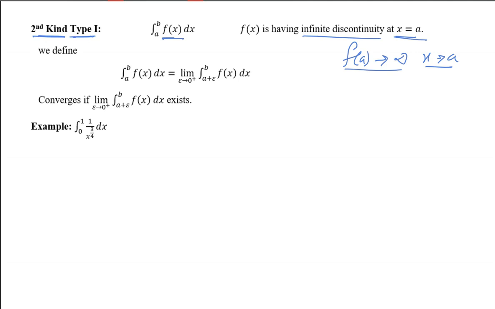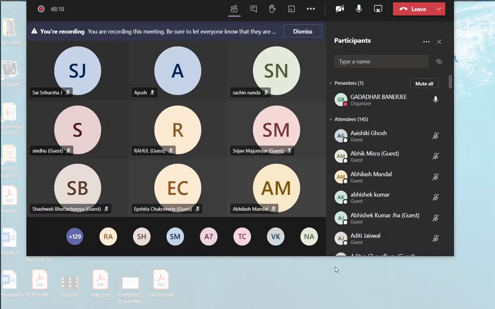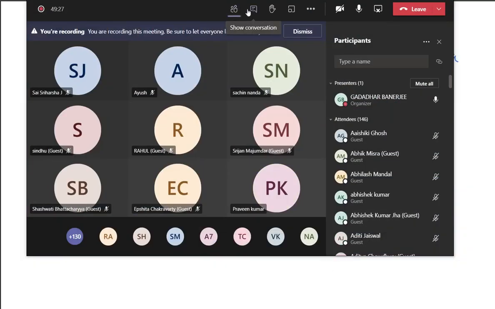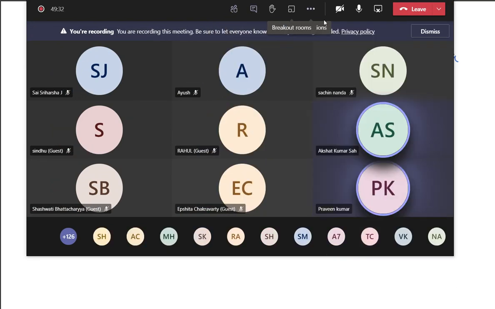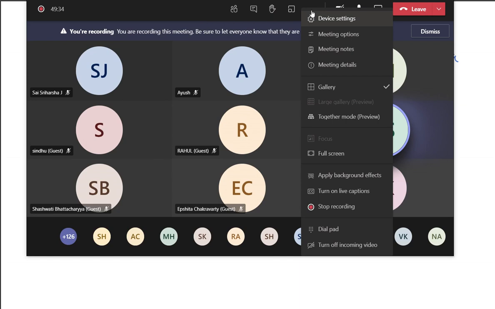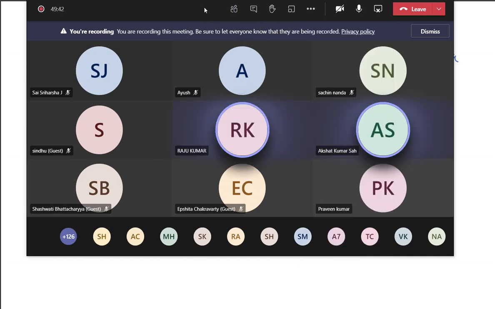Sir, someone is saying that they are waiting in the lobby. They can't join. So what do I have to do? Sir, allow them. I have joined here. It's okay, it's done, they have joined. I have allowed everyone, so everyone can join. You can ask your friend also, no problem.